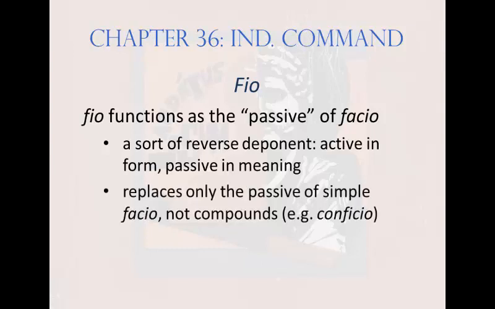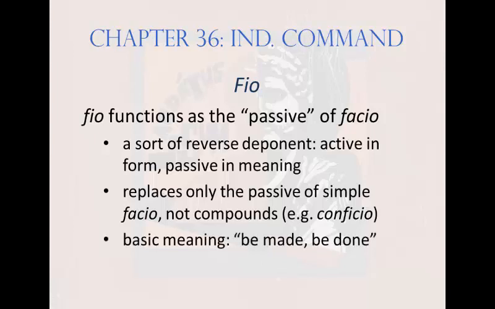Fio's major purpose is to serve as the passive of facio in the present system, but only the present system and only facio. No other verb, not even any of the many compounds facio forms like conficio, which is also some welcome news. So, if fio's the passive of facio, it must mean "be made" or "be done."